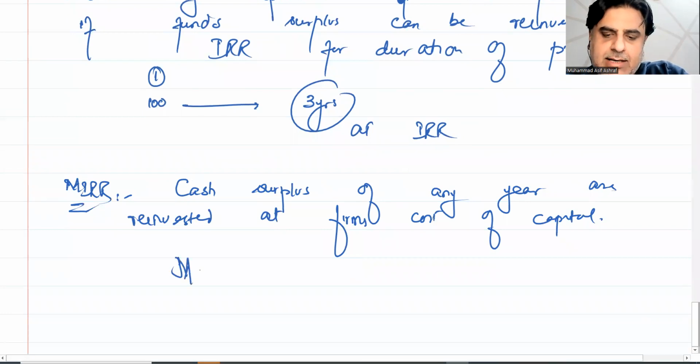So that is why MIRR is considered preferable over IRR.